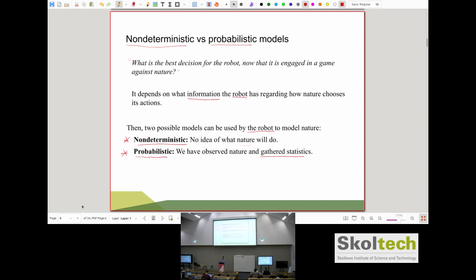We either have a probabilistic model, and this is very broad if you think about it. We gather statistics, or we have a distribution. It could be anything, right? There are very complicated distributions. So to me, this is still a very broad definition, but non-deterministic is actually a very, very strong assumption, because well, I think it's going to come now.